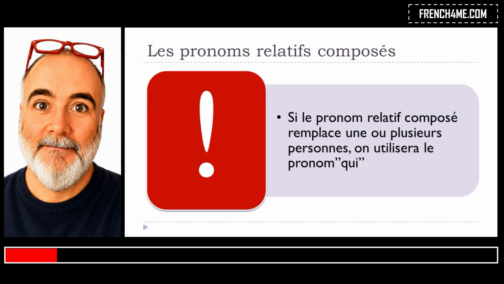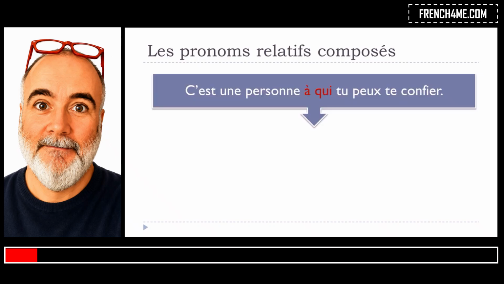Keep in mind that if this pronom relatif composé replaces une ou plusieurs personnes, on utilisera le pronom qui. It's good news because if you want to use this pronom relatif composé instead of a person, in that case you won't use lequel or laquelle, but you will use qui, and then you will combine this qui with a preposition. For instance, c'est une personne à qui tu peux te confier.